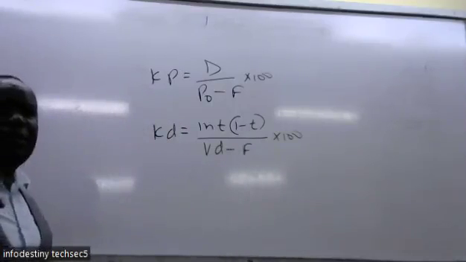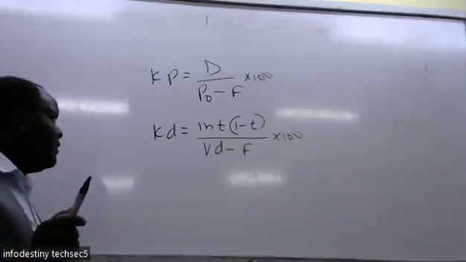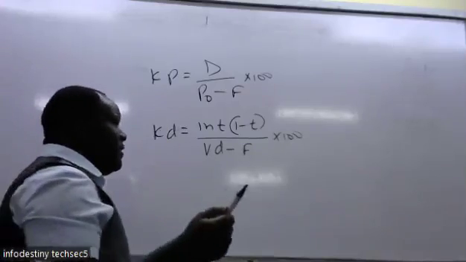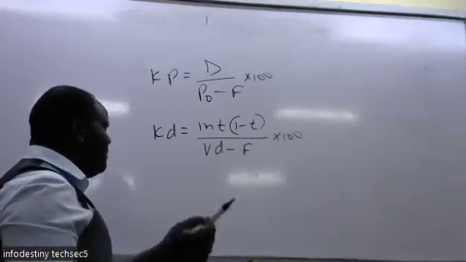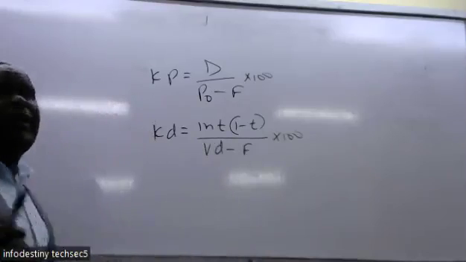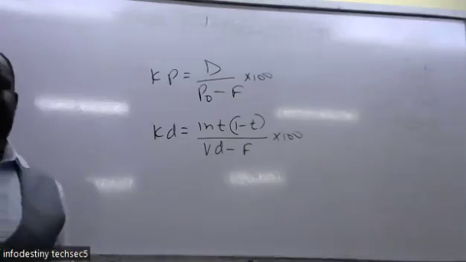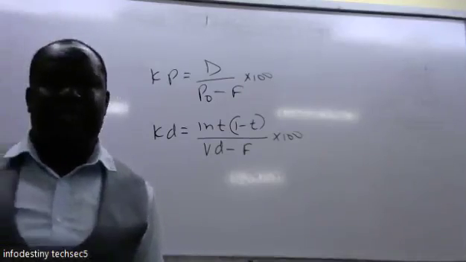Then we express it as a percentage. That is now Roman letter 1, irredeemable debenture.